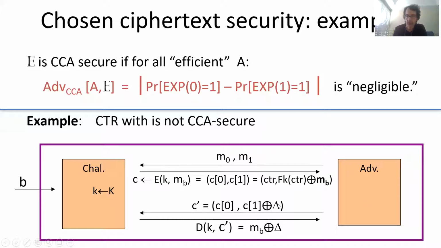Since the attacker chose delta, he takes his plaintext, XORs delta out, gets MB, and learns B. That's it, right? So it's an attack with advantage 1. It's a perfect attack.